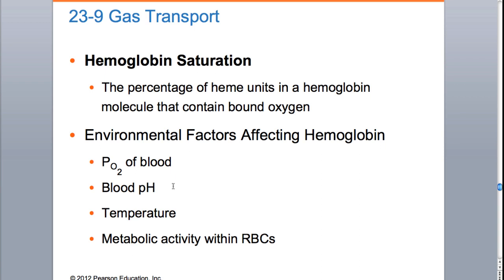Okay. Blood pH. That is one of the things we learned. Blood pH is 7.4 as an average number, right? 7.4 for blood pH. If your blood becomes acidic, that means we have done what? We're going to dump off more of the oxygen and pick up more of the carbon dioxide. So if your blood becomes acidic, that's not necessarily a good thing because you're not going to have enough oxygen moving around your body because it's going to be dumped off.